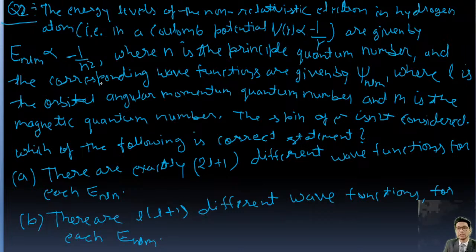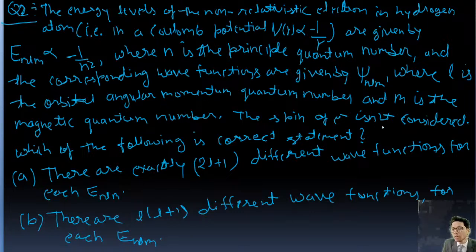Okay, I'll read the question. The energy levels of non-relativistic electron in hydrogen, in Coulomb potential, V of R proportional to minus 1 upon R, are given by ENLM proportional to minus 1 upon n square, where n is the principal quantum number, and the corresponding wave functions are given by psi NLM, where L is the orbital angular momentum quantum number, m is the magnetic quantum number.